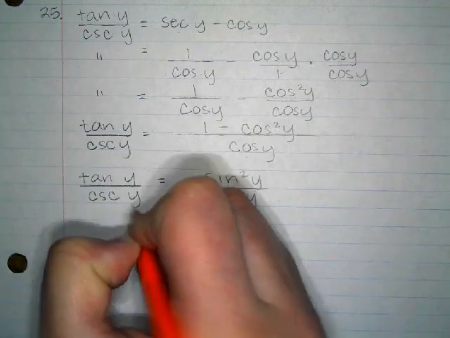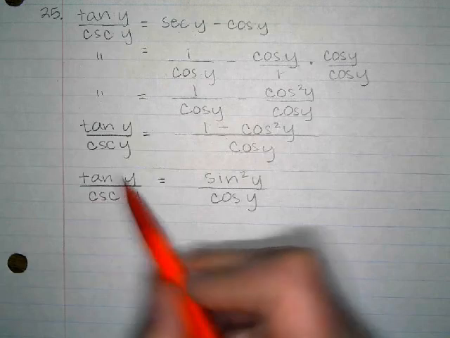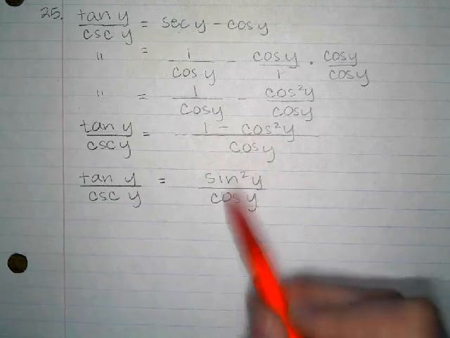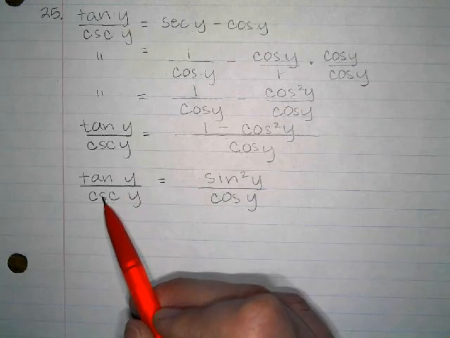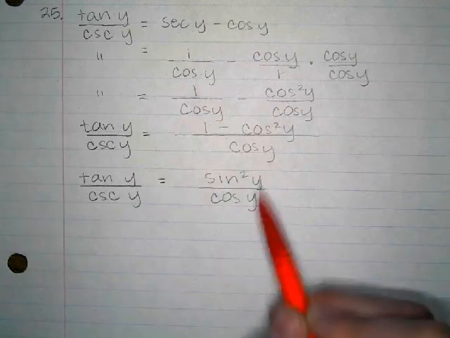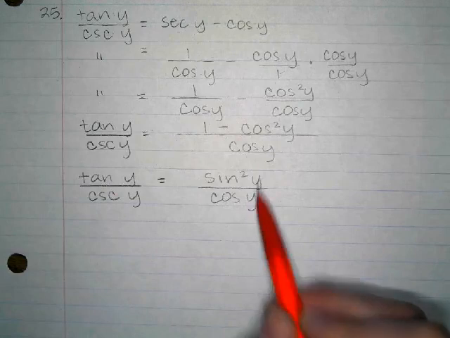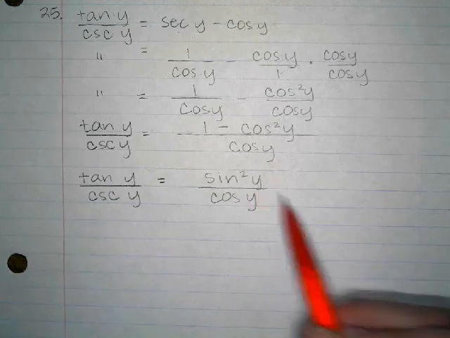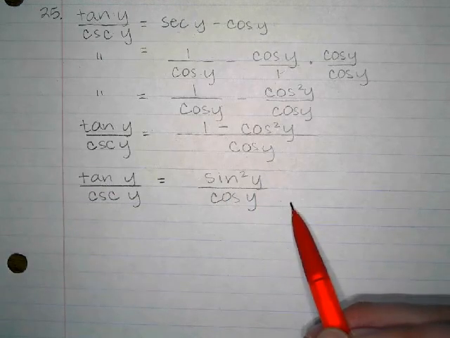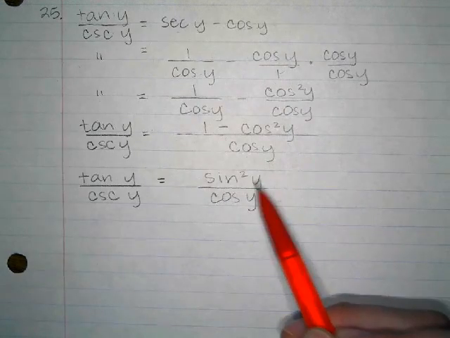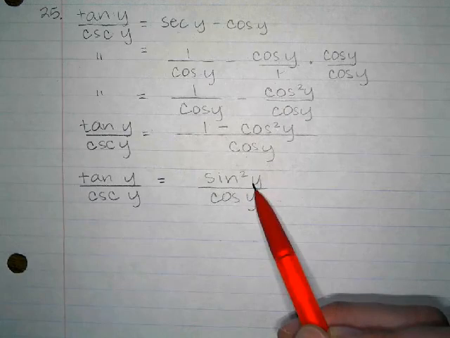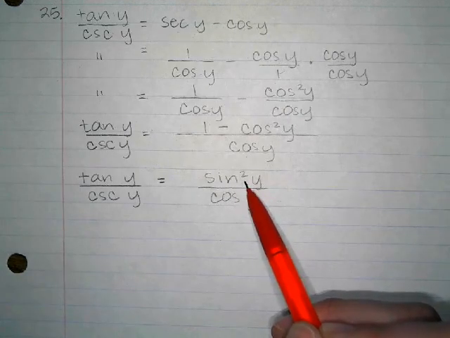And so this is the point where I'm really looking at my answer saying, how can I manipulate this to become what I know the answer should be? So how am I going to get a tan out of this? Not quite, because we don't have a plus and a minus over here, do we?